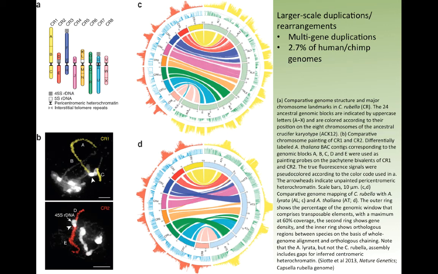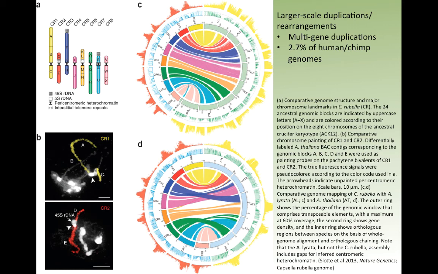Over here on the left side of the screen, you see representations of a few different plants: C. rubella, and then two different lineages, Arabidopsis lyrata and Arabidopsis thaliana.